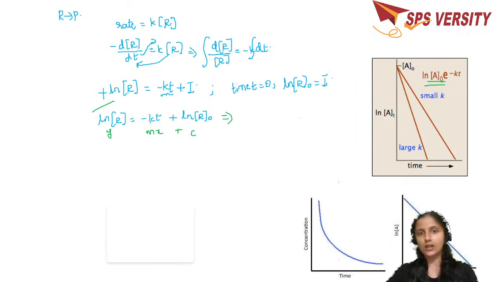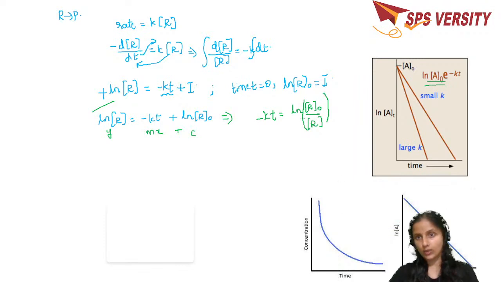Kt is equal to ln R naught divided by R. Ln R naught by R becomes e to the power kt, or e to the power minus kt. You should know how to rearrange this expression.